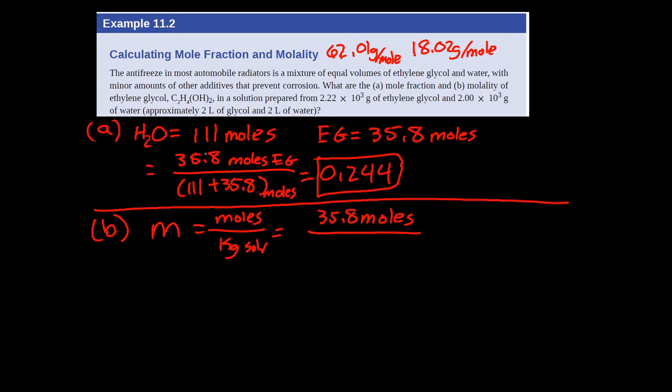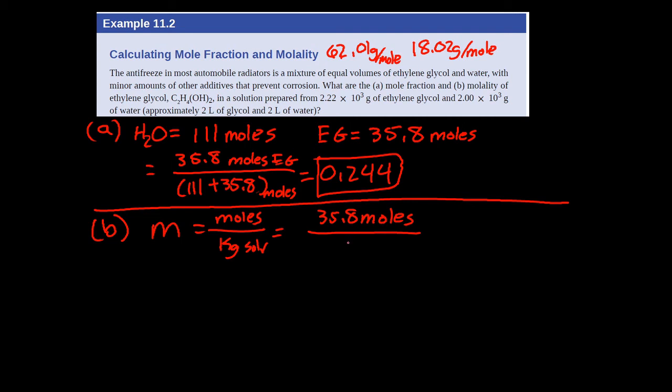But because we have more moles of the water, we're going to say that the water is the solvent, and that is technically correct here. Usually you can tell by the volume which one is the solvent, and this is just one of those cases where you can't. But because we have a lot more moles of the water, this is the solvent.